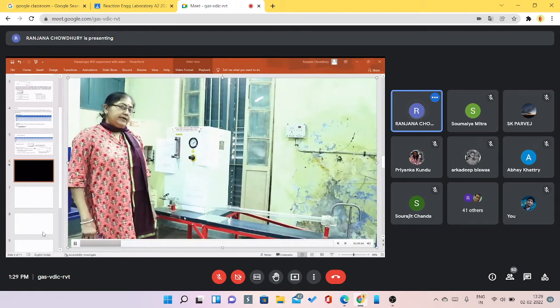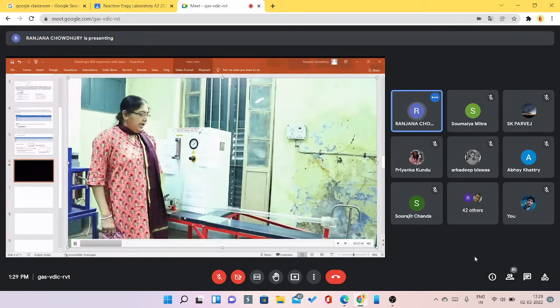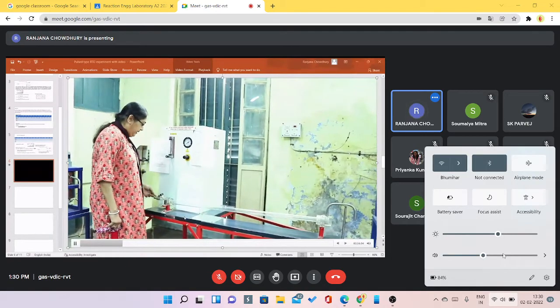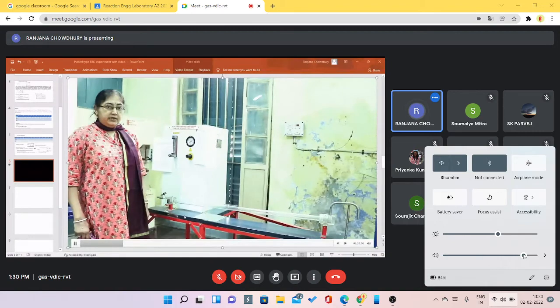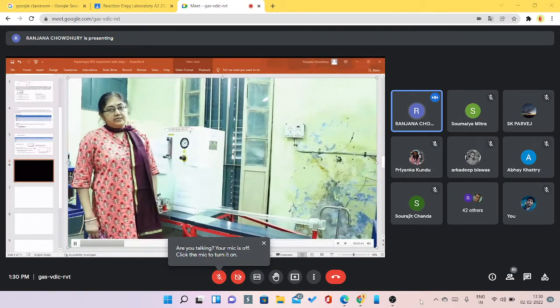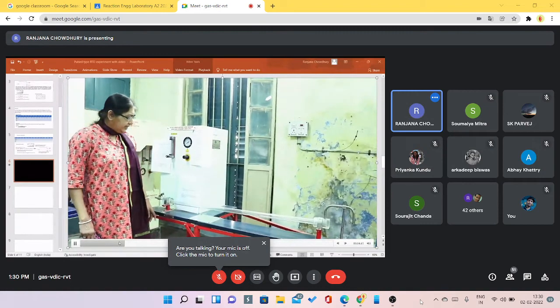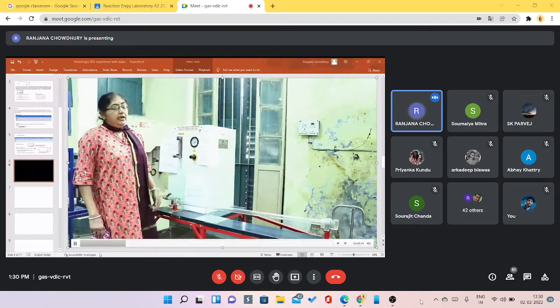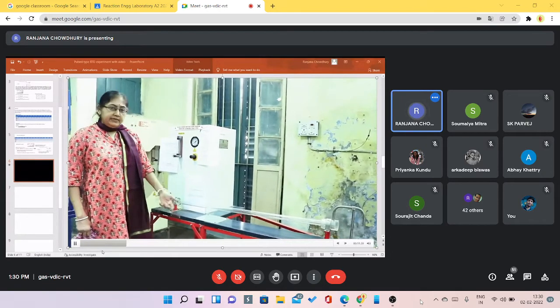So we can choose different types of tracer, and we can input those tracers in the reactor to get an idea about the residence time distribution. Now here, we operated with a pulse input. What is a pulse input?